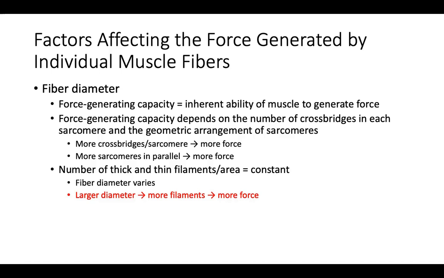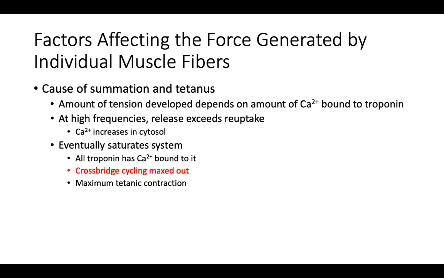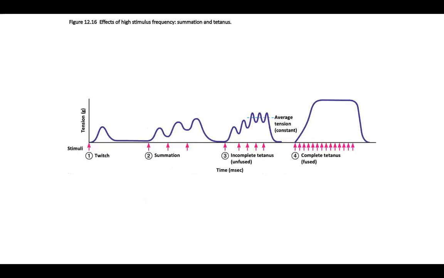Summation, we also talked about, if we increase the frequency, we would see the same type of increase in force generation. But this phenomenon was more explainable. We can actually rationalize this. Because the muscle did not fully relax each time, we are starting from a place of the sarcoplasm already having calcium in it.